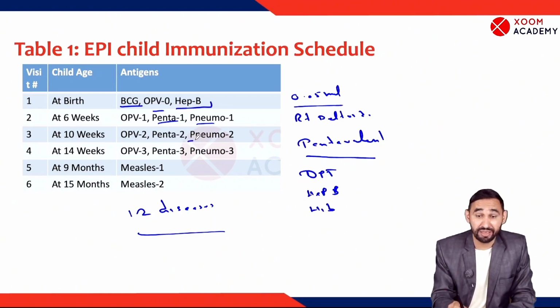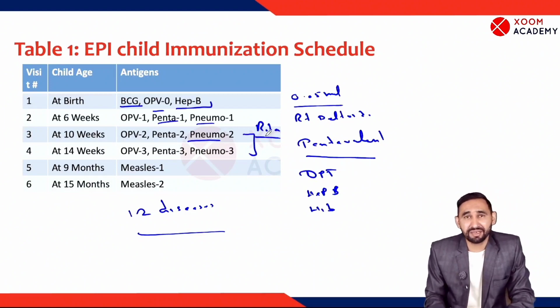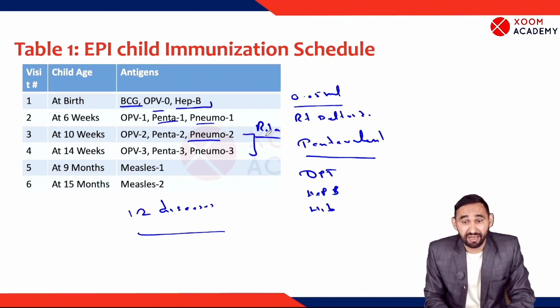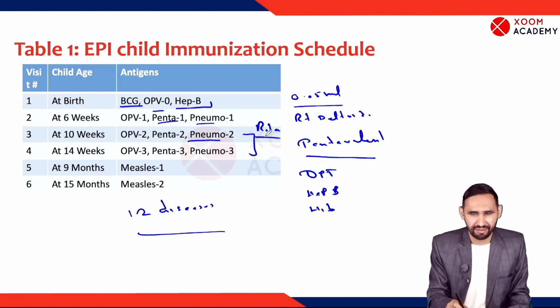Pneumococcal provides immunity against pneumonia. We have added a new vaccine at 6 and 10 weeks, that is rotavirus vaccine. Why it is added? Because there is increasing incidence of diarrhea. Children are dying due to diarrhea. Rotavirus provides immunity against diarrhea. It is added at the age of 6 and 10 weeks.